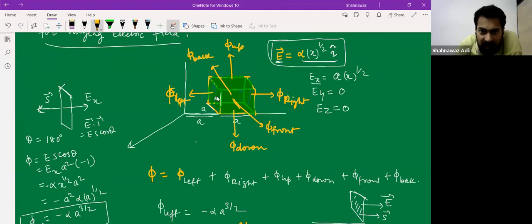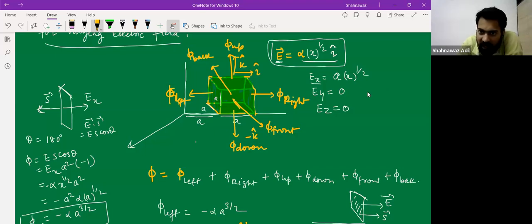So you see that for the up case, the area is in this direction. This is xy up, so this is in the k hat direction, right? And down is in the minus k hat direction, but your electric field is in the x direction, I hat direction, right?